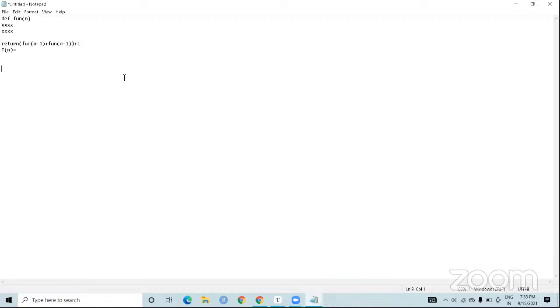So at the time of returning, it will go into fun(2), isn't it? Fun(2), yes, of course. It will go into fun(2), and fun(2) will return its calculation. Then fun(1) and fun(2) will add together, and it will again go to fun(1) of the 2. It's confusing to say like that.